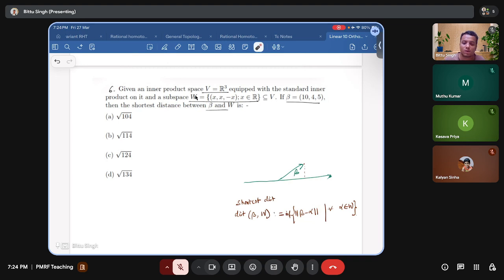So can you see which vector alpha will give me the correct distance?